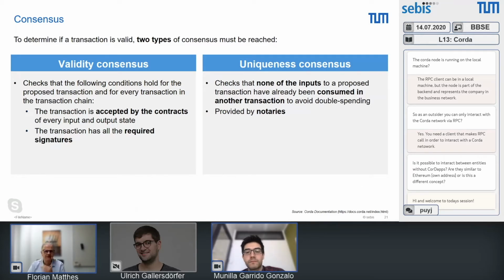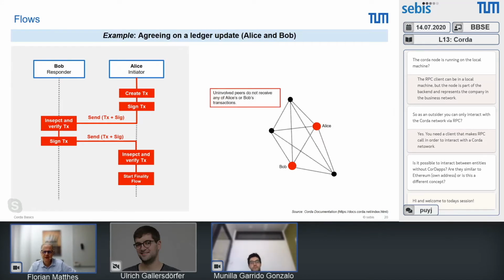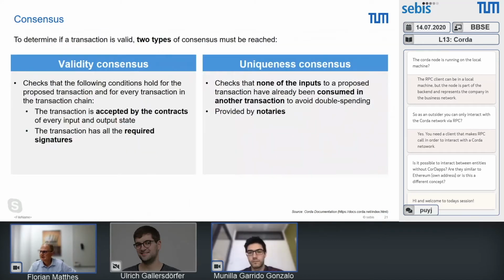To my understanding, yes, because the basic idea is that you want to make sure that some piece of information is not replicated, so that you don't duplicate information. For each state, there should be only one representation of this state and not multiple copies of it. And so you have to uniquely identify these data objects.